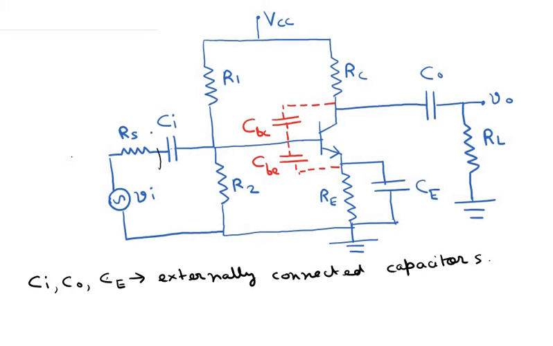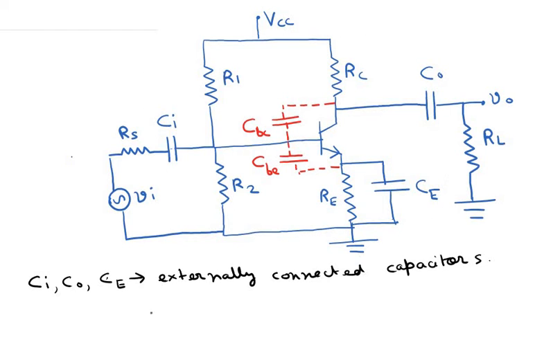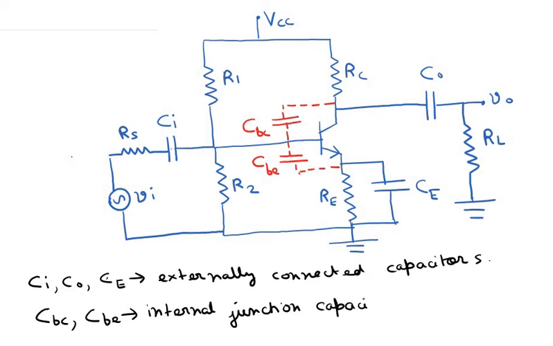As I stated, when you buy from the market, this entire part is sold to you. And CBC and CBE are internal junction capacitances of the transistor.